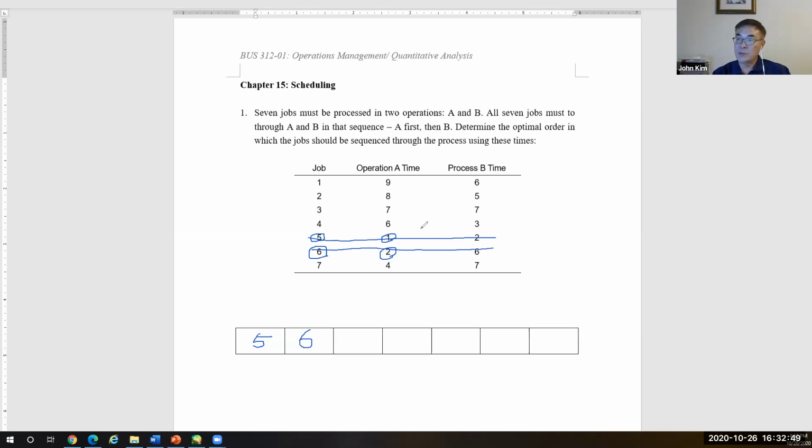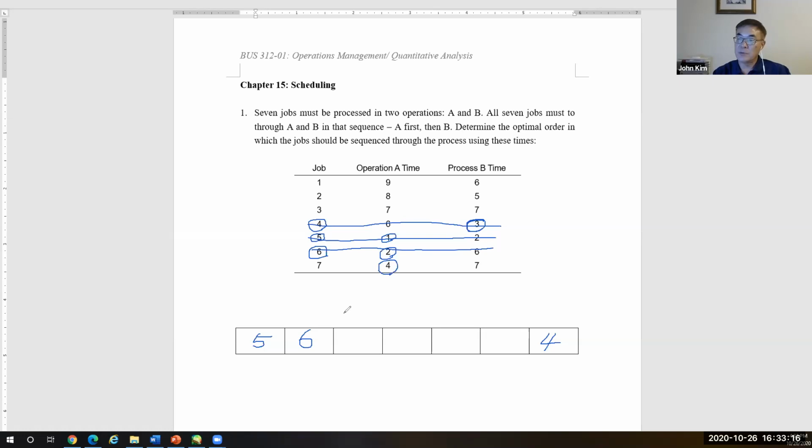Of the remaining times, this one is shortest. So take job 4. Second machine, so place this one last and cross out. And then this one, shortest.